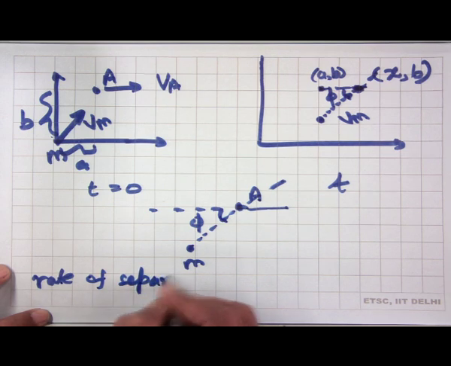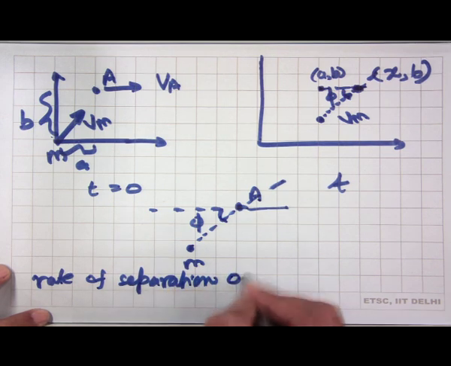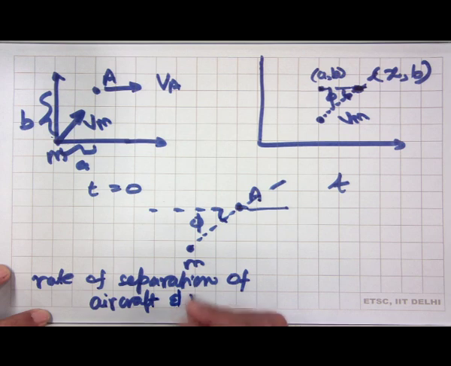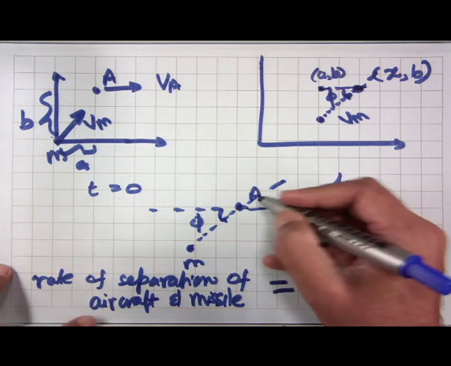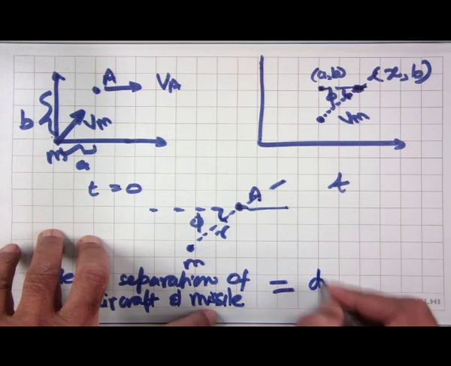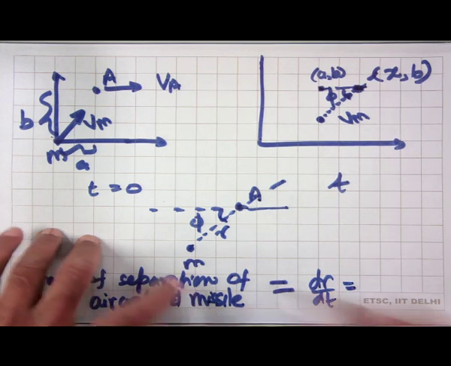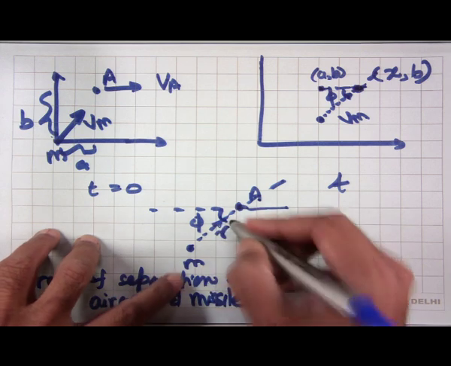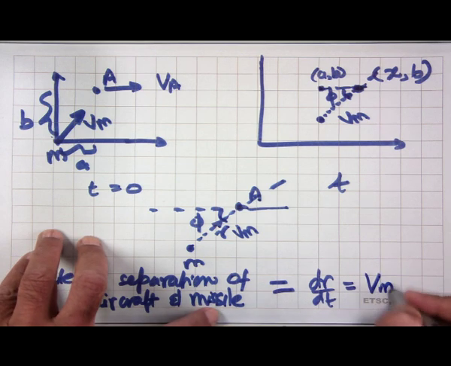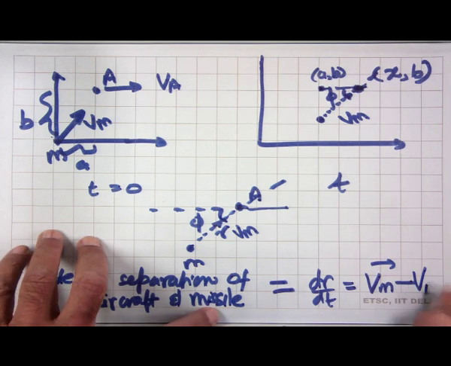So, therefore, what we find is the rate of separation of aircraft and missile. If I am calling this as r, then the magnitude of dr by dt will be equal to the velocity of the missile minus velocity of the aircraft in the r direction.